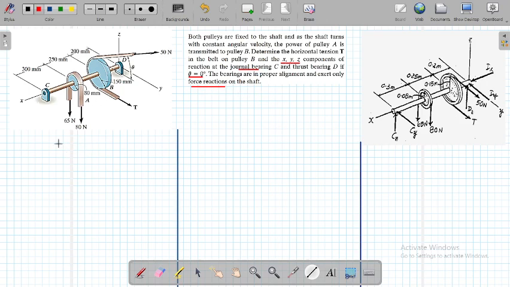Here you have the journal bearing. C is the journal bearing and D is the thrust bearing. You know it very well. This is your journal bearing, and this D is your thrust bearing.